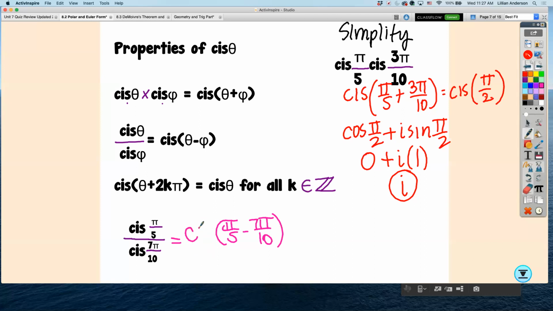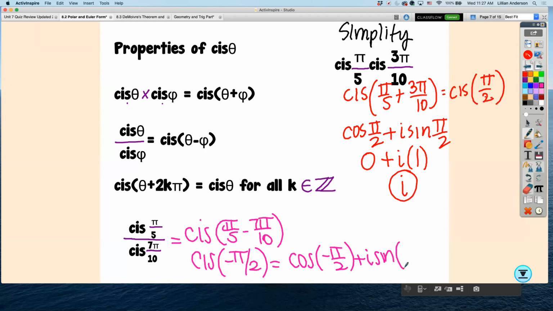And it is going to just turn into a negative pi over 2 once you expand it out. Cosine of negative pi over 2 plus i sine of negative pi over 2. And that will simplify down to be 0 plus i times negative 1. So then it'll just be negative i.